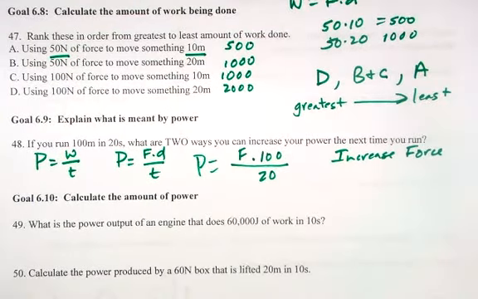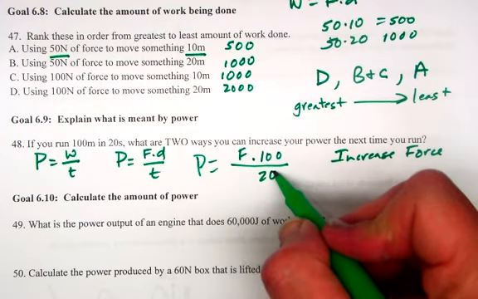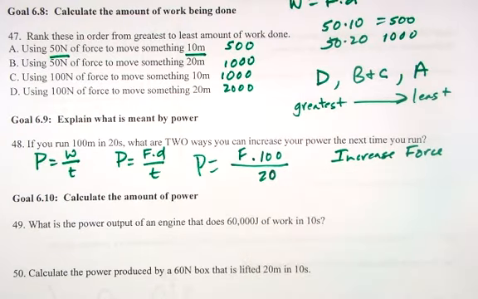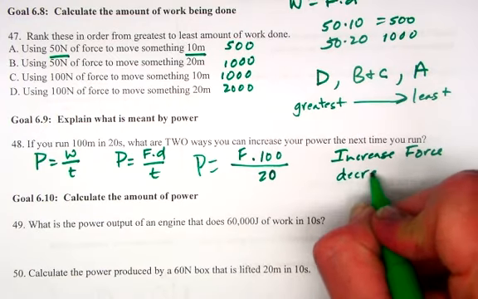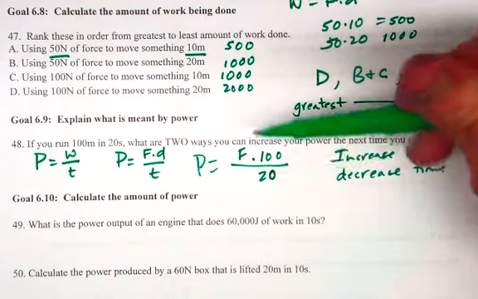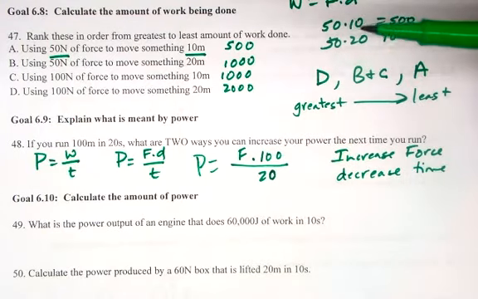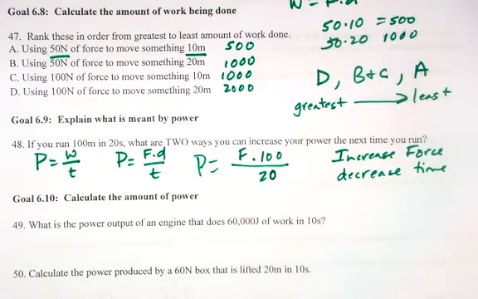The other way to increase your power, if we think about it, is you have to shorten your time. So increase your force, and the other way is to decrease your time. Basically, they would both have the same effect of increasing power. The other option, I suppose, is to run a shorter race, which wouldn't be quite fair.